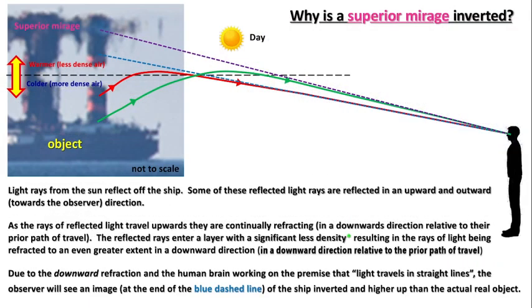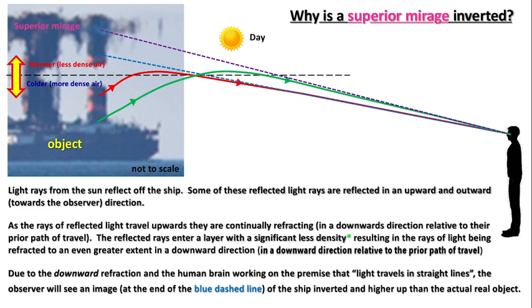Why is a superior mirage inverted? Light rays from the sun reflect off the ship. Some of these reflected light rays are reflected in an upward and outward towards the observer direction. As the rays of reflected light travel upwards, they are continually refracting in a downwards direction relative to their prior path of travel.